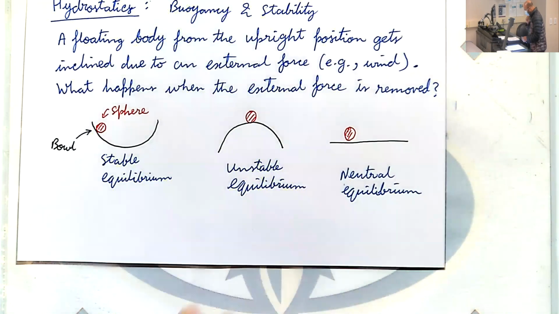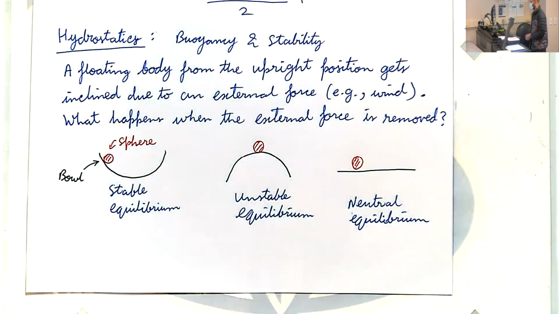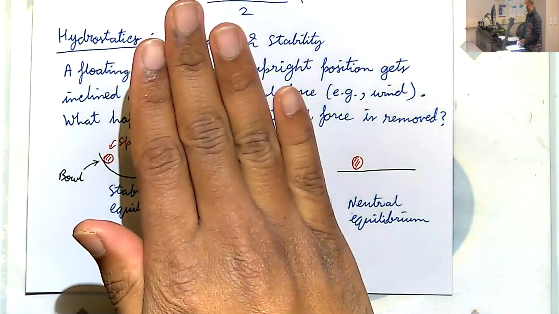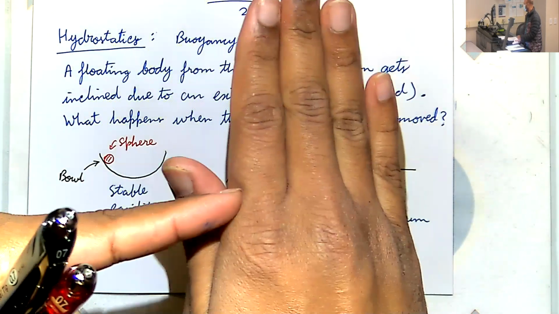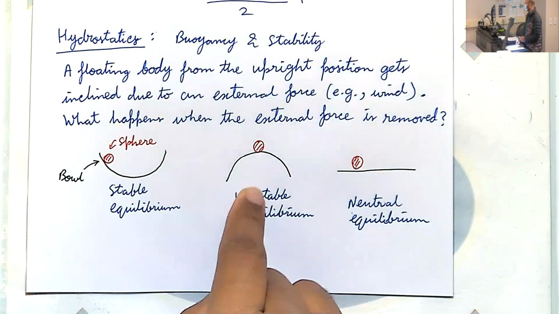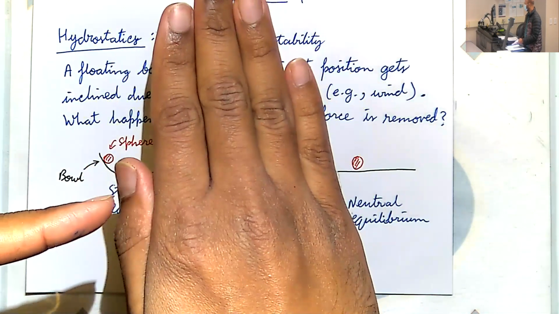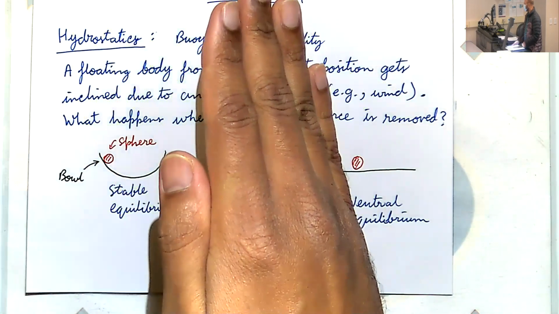All right. And the same equilibrium concepts apply for ship hulls. If we have a hull and if we nudge it a little bit and it wants to come back and become upright, it's in stable equilibrium. If the hull gets nudged a little bit and immediately flips upside down, that's unstable equilibrium. In very rare cases, you nudge the hull, it tilts a bit and then stays at that position.